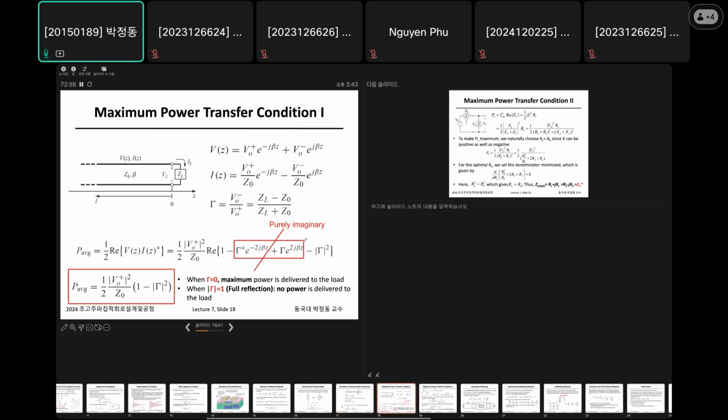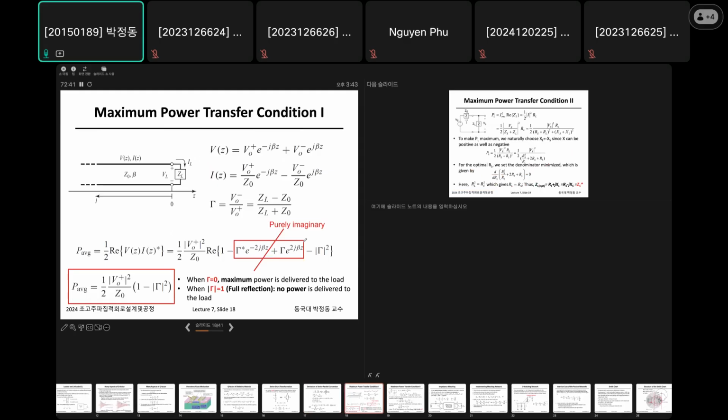Okay, now let's talk about the maximum power transfer condition. So for the transmission line theory, the solution is given by this voltage equal to blah blah.